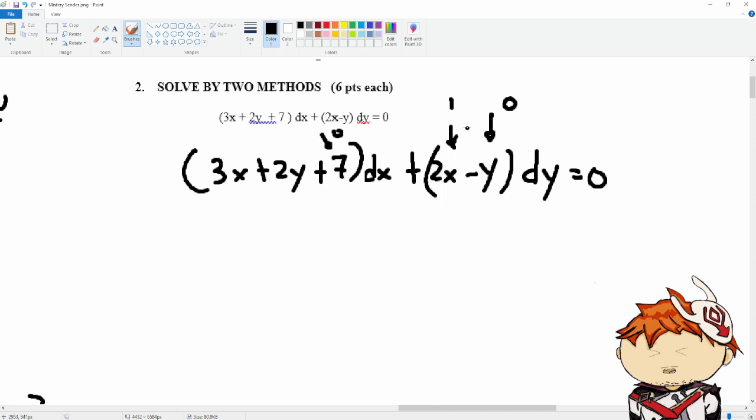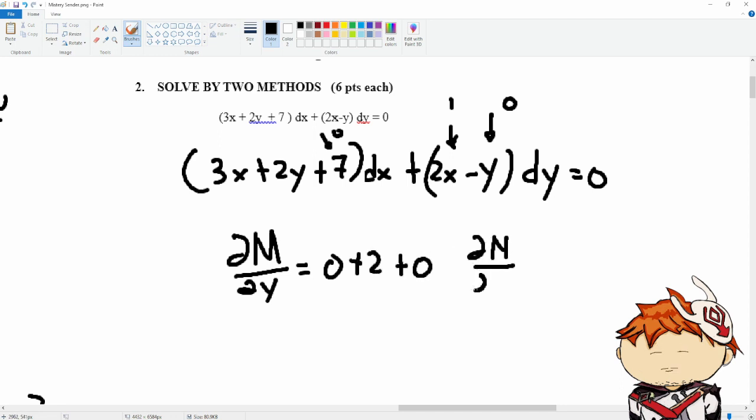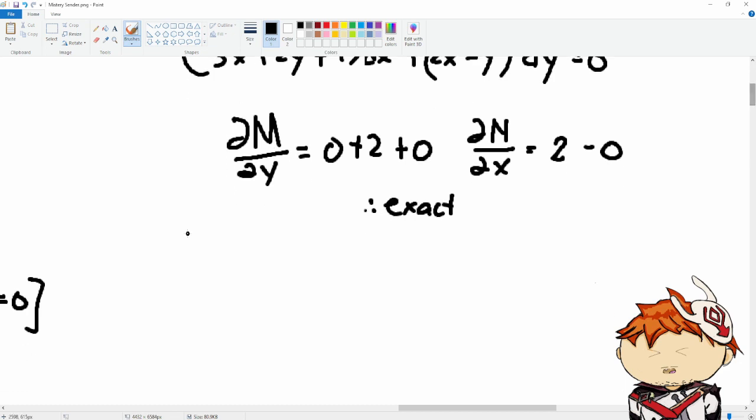Can this be exact? This will become 0, this will become 2, this will become 0, this will become 2, this will become 0. Oh, it is exact. So we can solve it by exact.